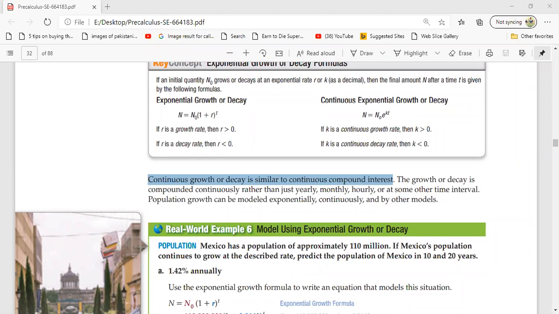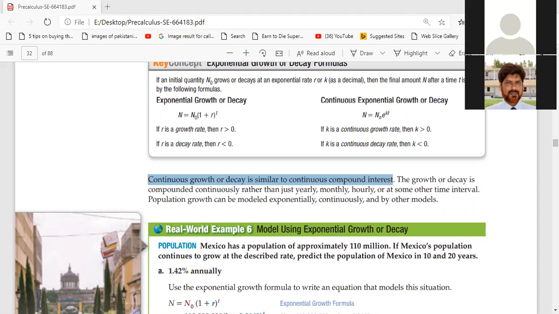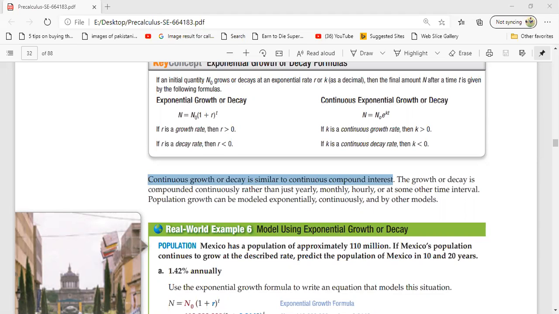And if it is continuous exponential, similar to what we have seen in compound interest, continuously compounded, then we have e to the power of this one. Similarly here, if it is continuous, then we will use the exponential power. So these two formulas we will use.